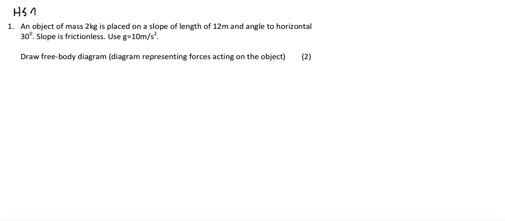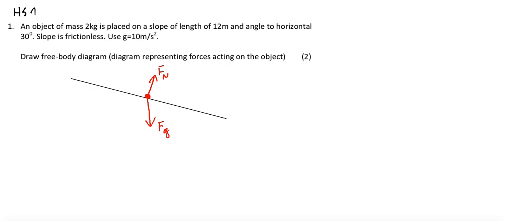Okay, the object experiences only two forces. If this is our slope, then the object experiences two forces. The first force is gravitational force, which acts vertically down, and the second force acts normally to the surface of the slope. So gravitational force and normal reaction force. Of course, these two forces are not equal in length.